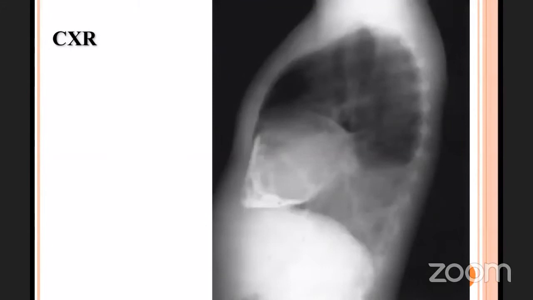For identifying the calcification of the pericardium, the best view of a chest X-ray is the left lateral view, wherein you can see the calcified pericardium extending anteriorly over the apex and into the diaphragmatic surface. But this kind of classical pattern of calcification, although very typical for constrictive pericarditis, is very unusual.